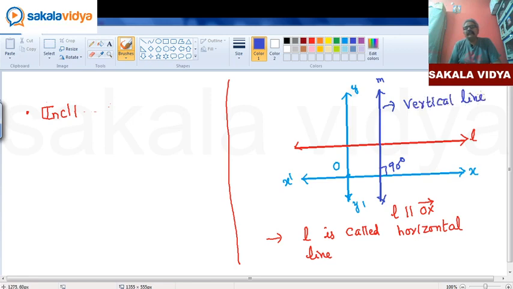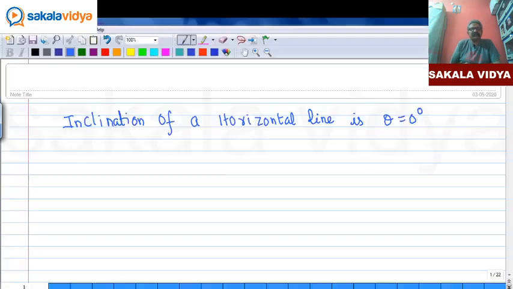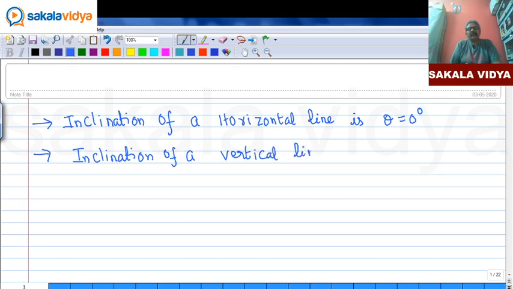A line parallel to the y axis is called a vertical line, which is making 90 degrees with x axis. So, the inclination of a vertical line is 90 degrees. This is the second point: inclination of a vertical line is theta is equal to 90 degrees.